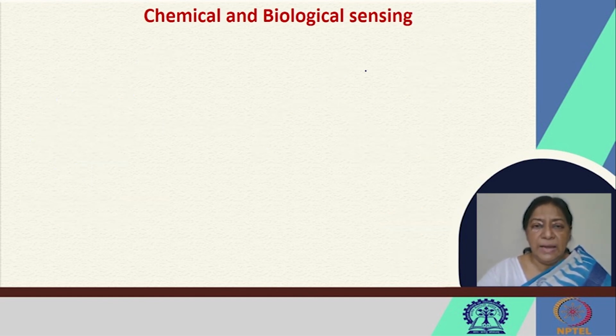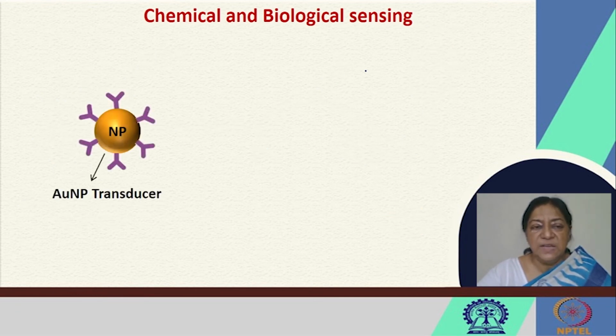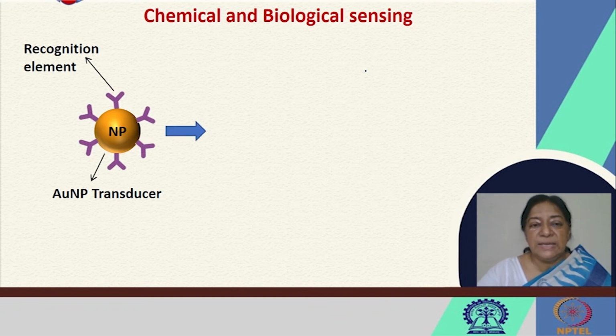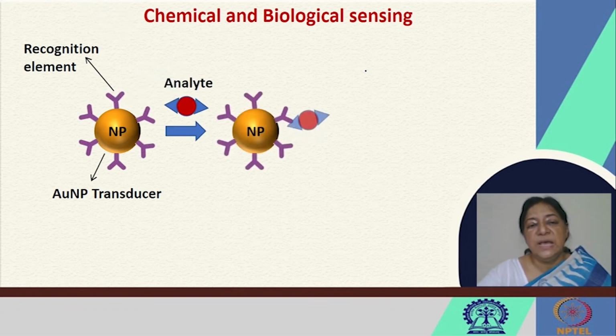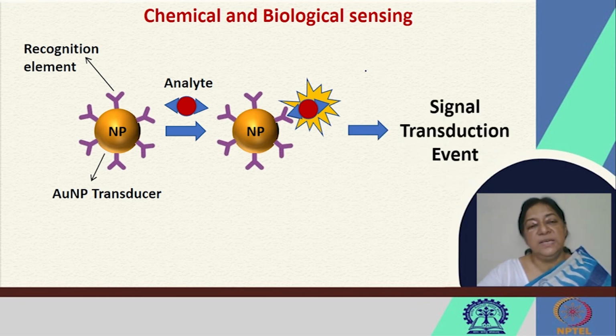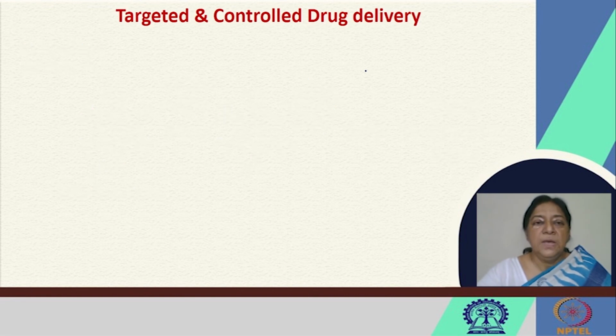In chemical and biological sensing, we have nanoparticles that have specific transducers attached to them, and a recognition element such as an antibody that can then attach specific molecules and be used for biological sensing. This could generate a signal that can then be studied with a signal transduction event.